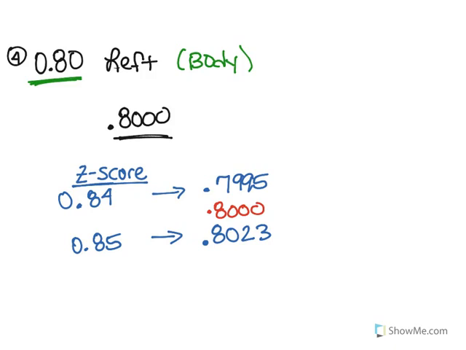And so we look and we see that 0.7995 would be 5 off, versus 0.8023 is 23 numbers off. So the closest would be 0.7995, and that z-score is 0.84.